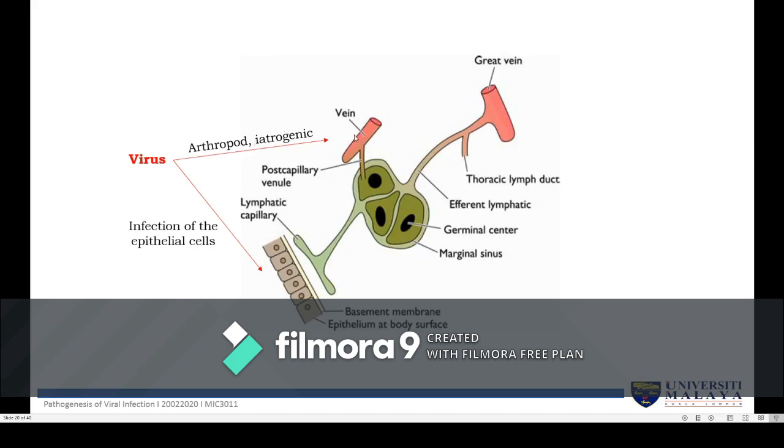If mosquitoes feed on you, they get into your blood vessels, and if they poke through and transfer the virus there, it goes straight to the blood. The same with needles: if they take your blood and the needle was contaminated, it transfers something into your blood. So there are a few ways the virus can infect the blood vessels.